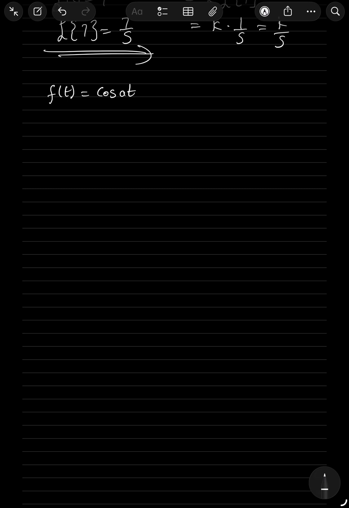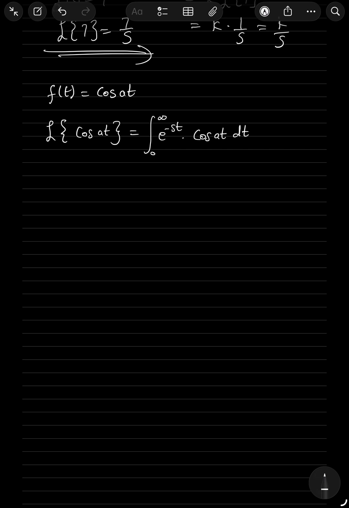So we're going to find the Laplace of cos of at, right? So again, we use the integral of e to the minus st times f of t, which now is cos at dt, integrating with respect to t.